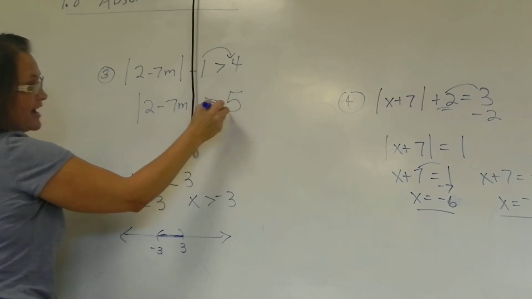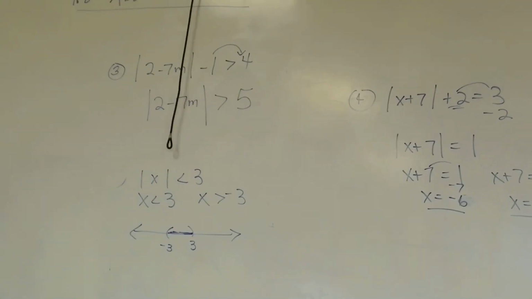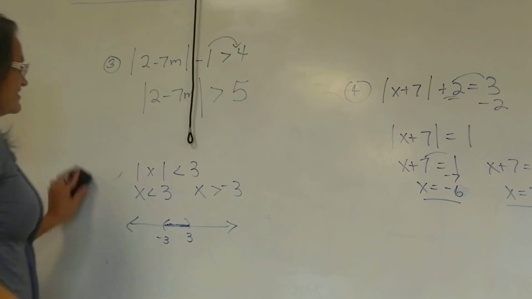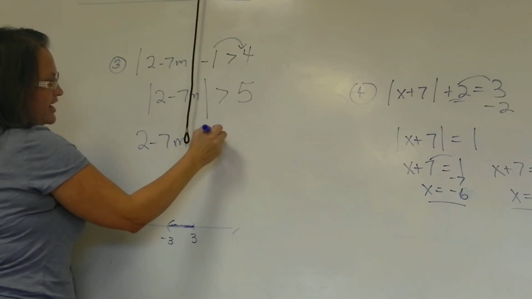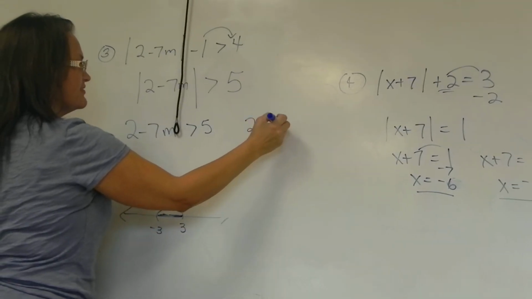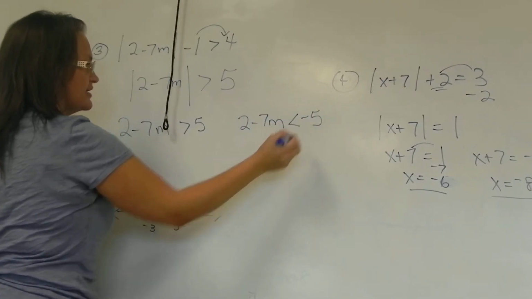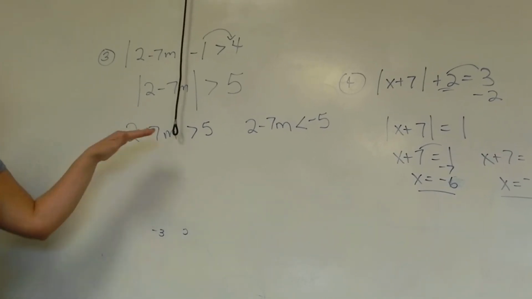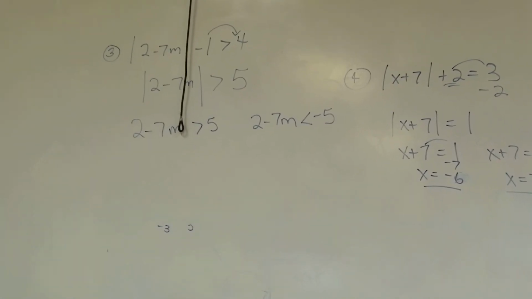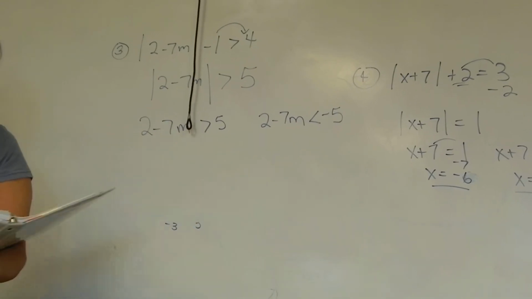That makes that 5. I am out of time. Then write your two statements. 2 minus 7m greater than 5. 2 minus 7m less than negative 5. You'll solve those two parts. I know I'm out of time, so I'll just say then you solve those two parts and you'd get the two answers you're looking for.